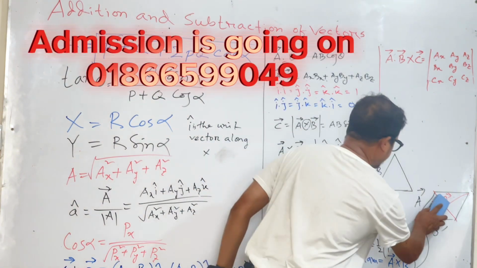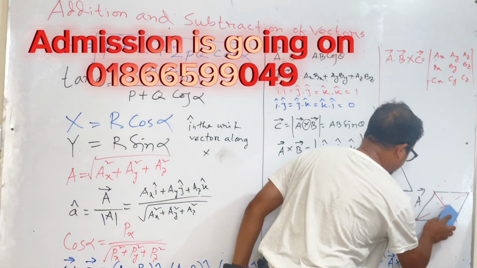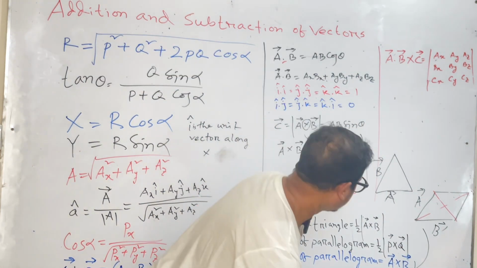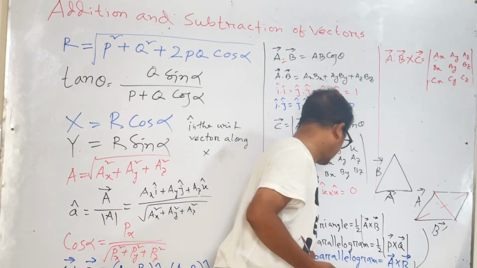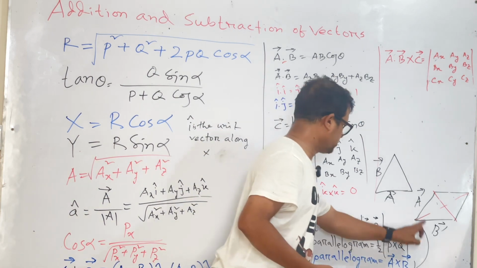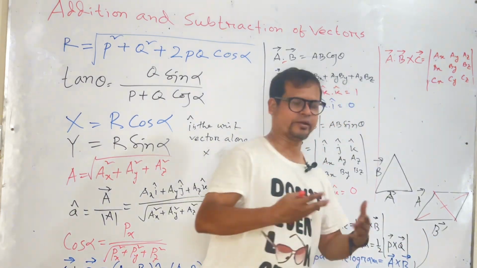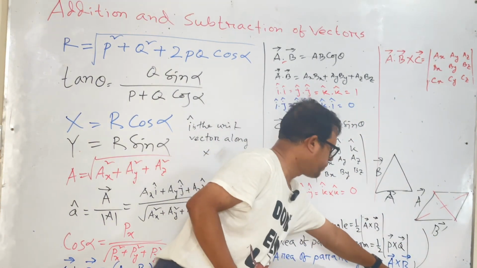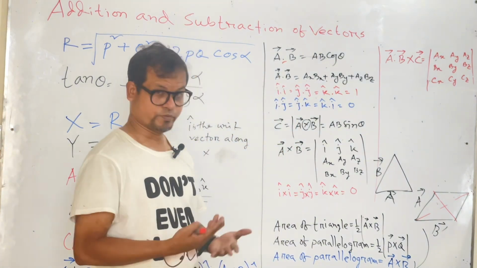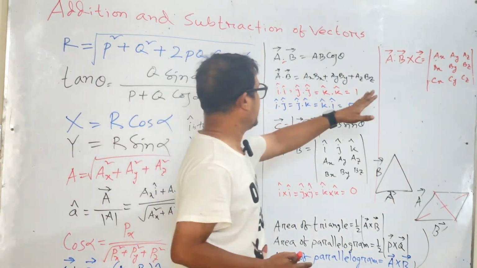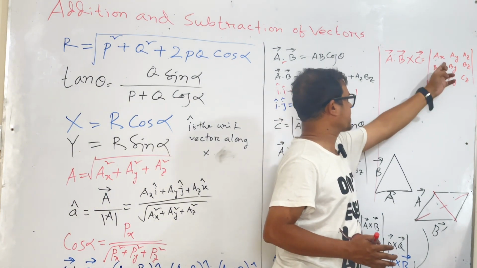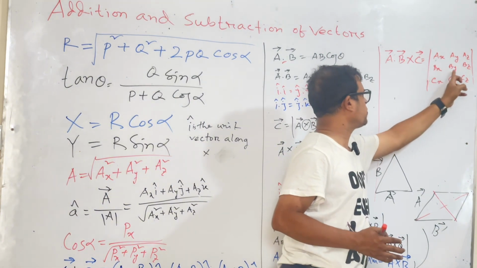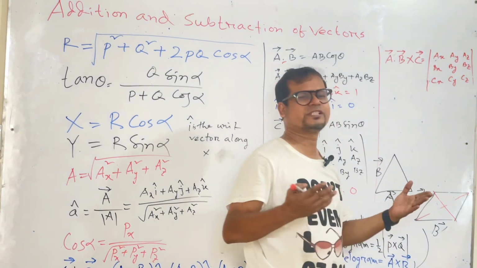You will use this equation when the question gives you the adjacent edges of the parallelogram, a vector and b vector. This is adjacent edges, not a triangle, that is why you have to use the formula a vector cross b vector. Finally, a vector dot b vector cross c vector equals the determinant of ax, ay, az; bx, by, bz; cx, cy, cz.